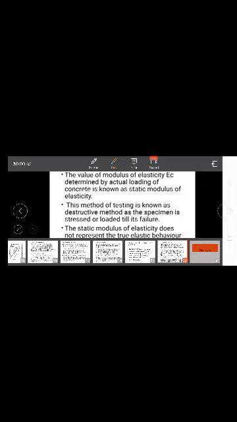So the first factor was strength of concrete, and the second factor is the state of wetness. Next, you have properties of aggregate. Aggregate properties also play an important role in finding the Young's modulus of concrete. The higher the modulus of the aggregate, the higher is the modulus of elasticity of concrete.